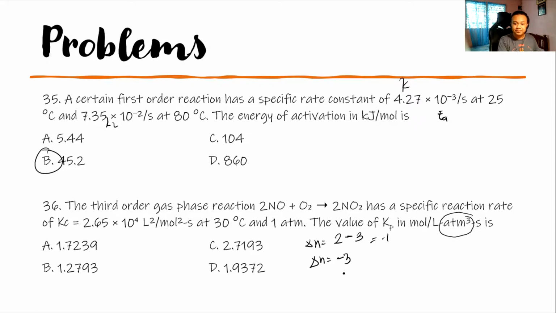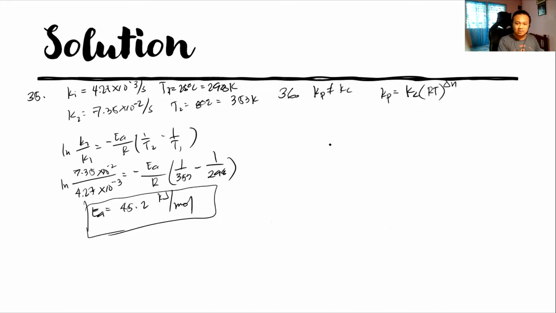Okay? So we can make sense of that in the units later. So Kp, so we have Kc here. Kc is 2.65 times 10 to the 4th.